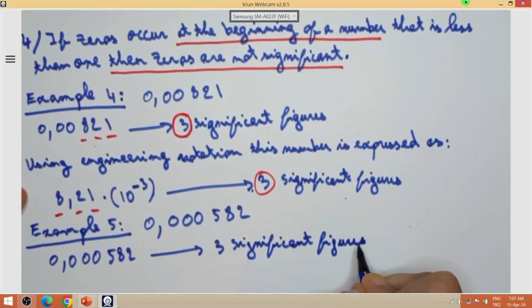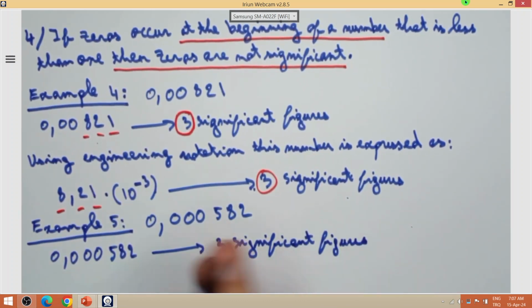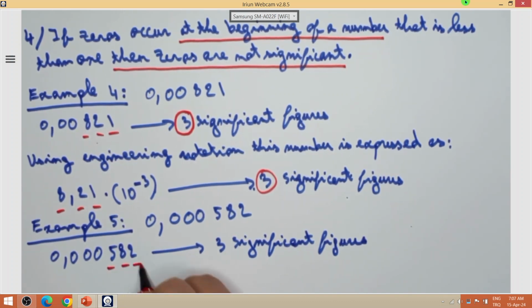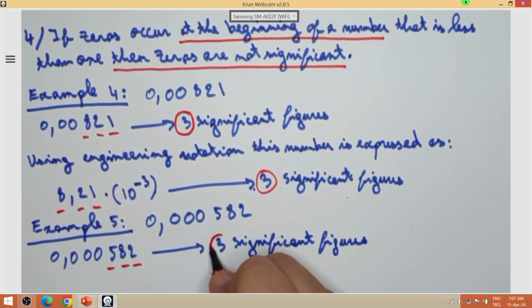Why? Because this number is less than 1, the zeros at the beginning of the number are not significant, so we don't count them. We count only this 1, 2, 3. So this number has 3 significant figures.